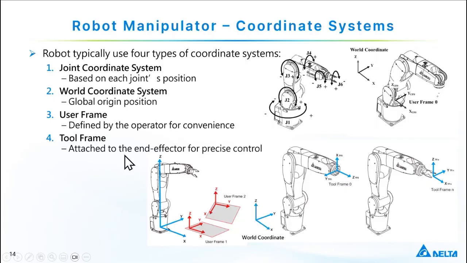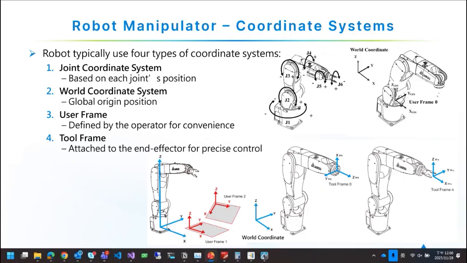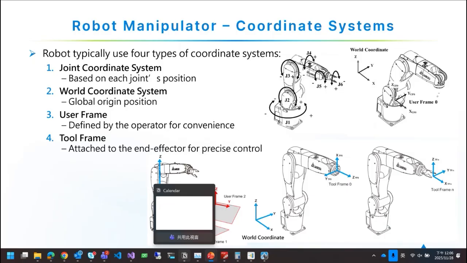Okay, and the third one is user frame. This is a frame defined by the user. So, for example, if I want to process this mouse, I can create a user frame on it. I can set a frame origin over here, and this is my robot, right?